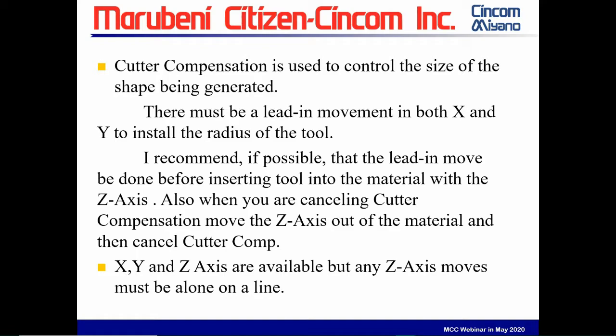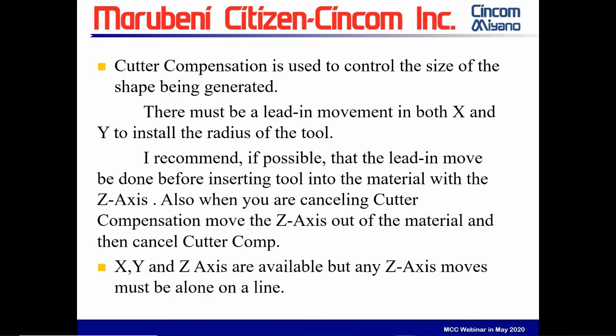I do recommend, if possible, that the lead-in move be done before you insert the tool in the material. This way you don't get any erroneous cuts. And you can move it into place and then insert the Z into the material and do the cut. If it's possible to do this, it's the best way. Instead of moving these shape insertion or the lead-in movements for the X and Y while it's in material.